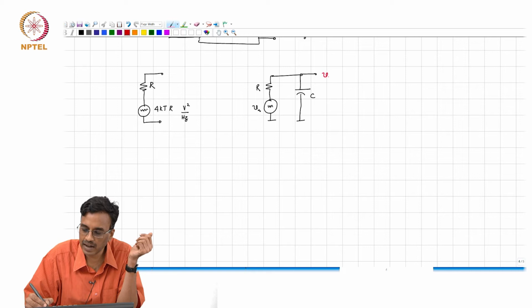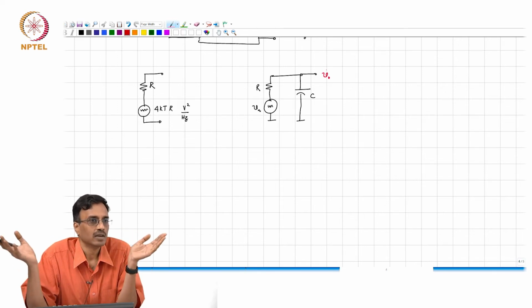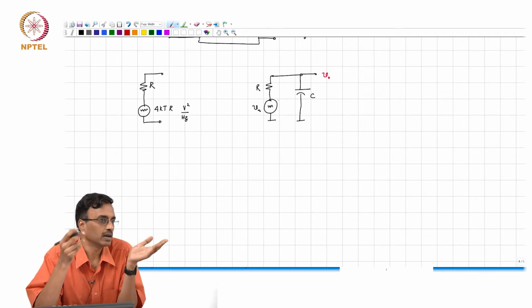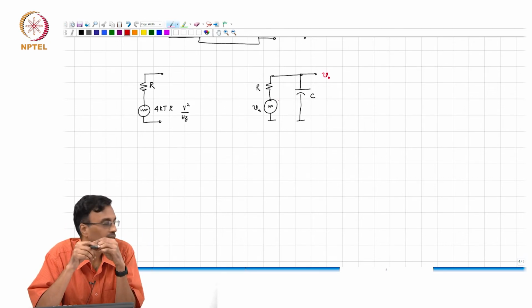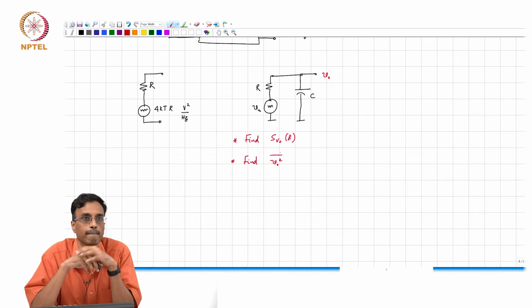We are interested in finding the noise spectral density at the output as well as the total mean square noise at the output. So, how do you propose that we go and find out the noise spectral density at the output? So, we want to find SVO of f and find the mean square noise.